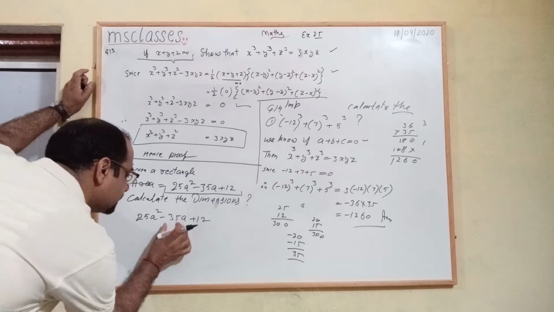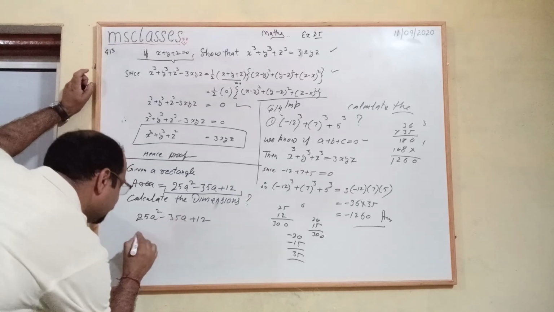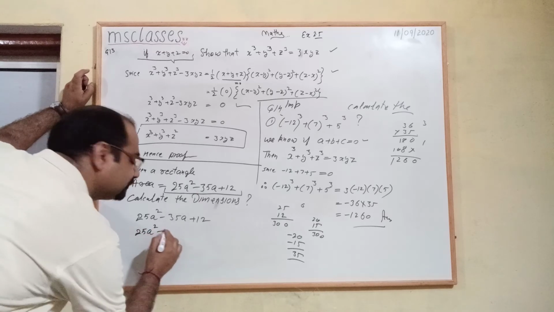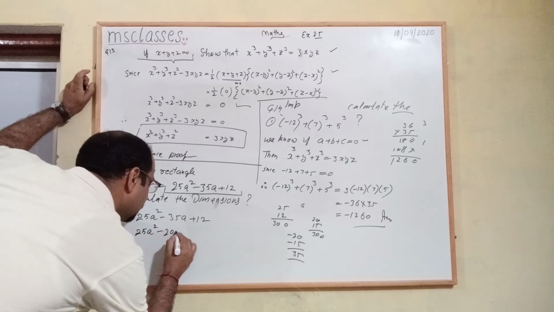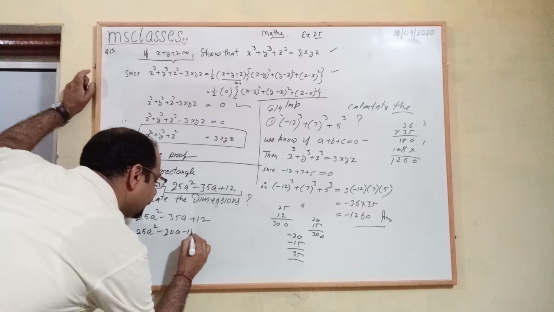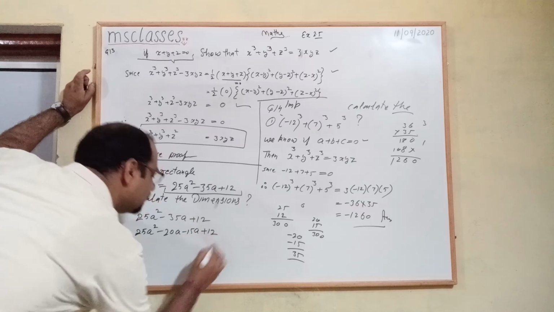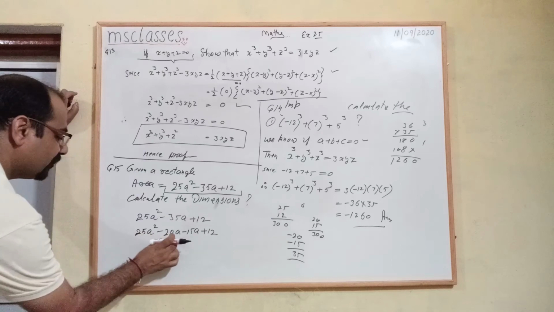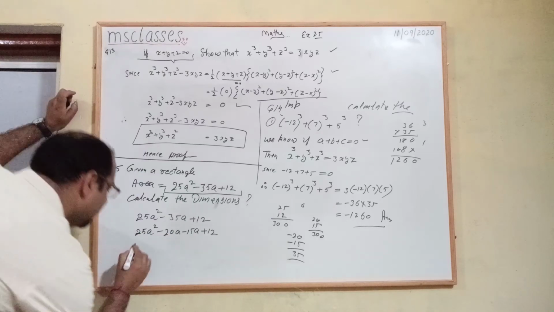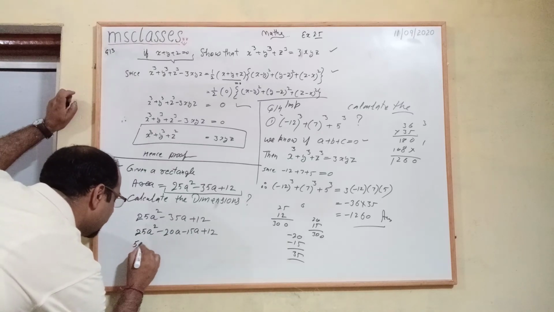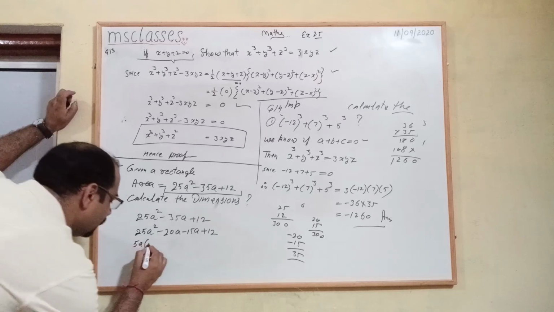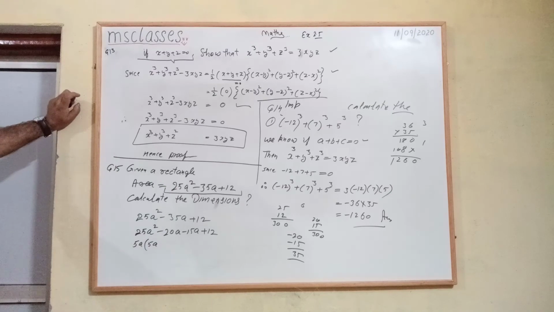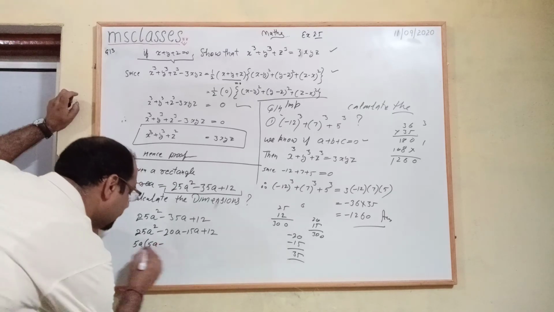So splitting minus 35a, we get 25a square minus 20a minus 15a plus 12. Now taking 5a common, you are left with 5a square minus 4.